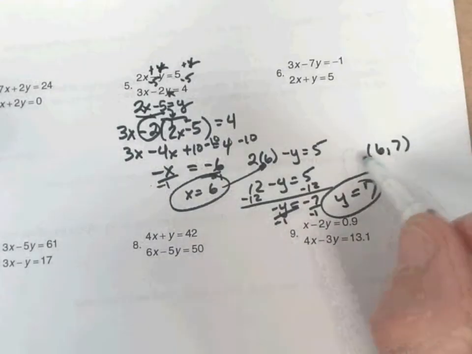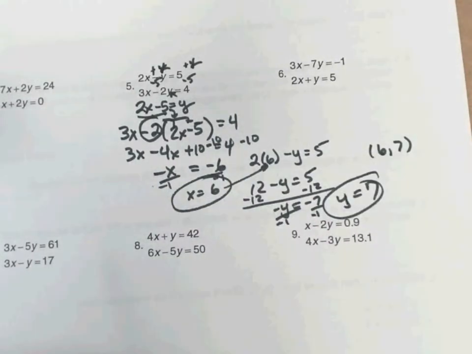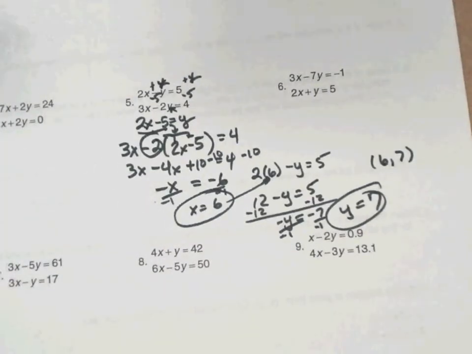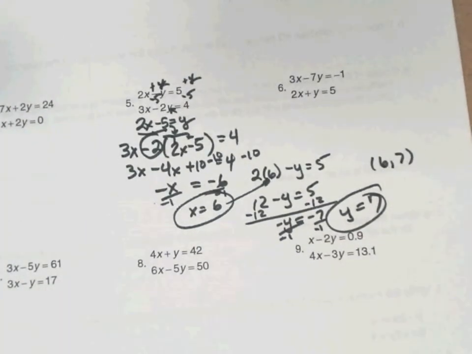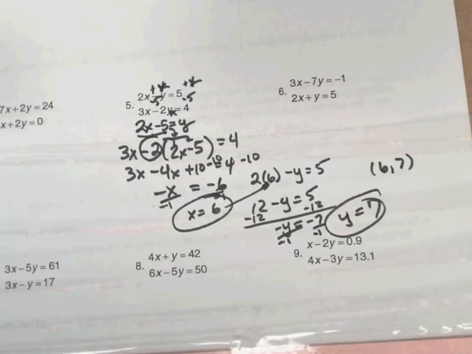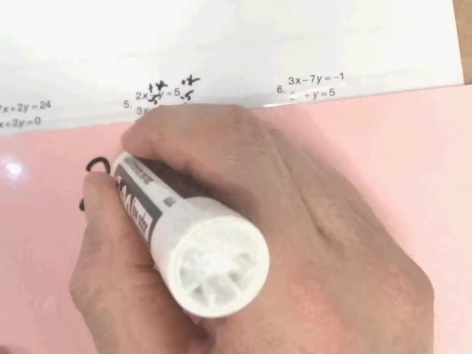In case you're wondering if that works out, we can put those back into the equation and solve it. So I'm going to do that on a separate sheet of paper, possibly. Some pink paper, and I'm going to put my 6, 7 into both equations just so you see it works for both.